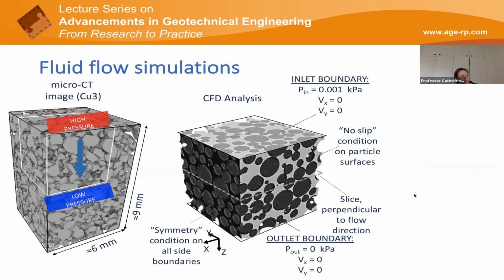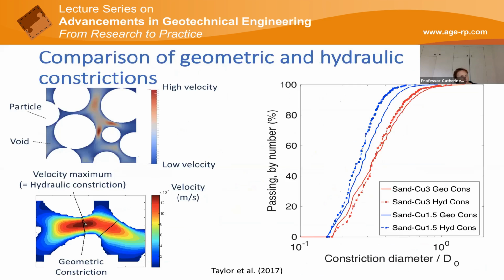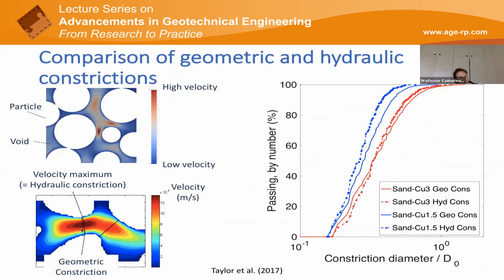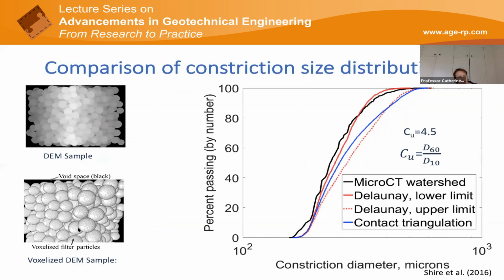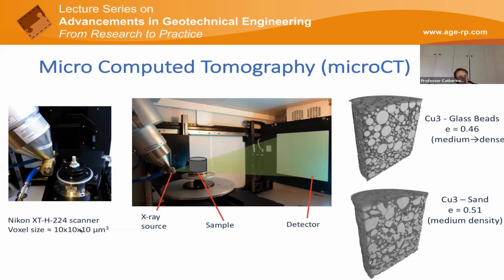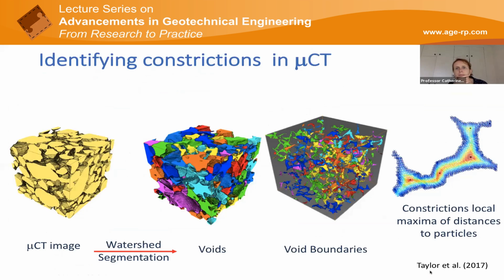They're the points where you're going to see a local maximum in your velocity, because the velocity streamlines are pushed close together. So that's what we meant by the local maxima. And this is published in Computers and Geotechnics, and the first author is Taylor.